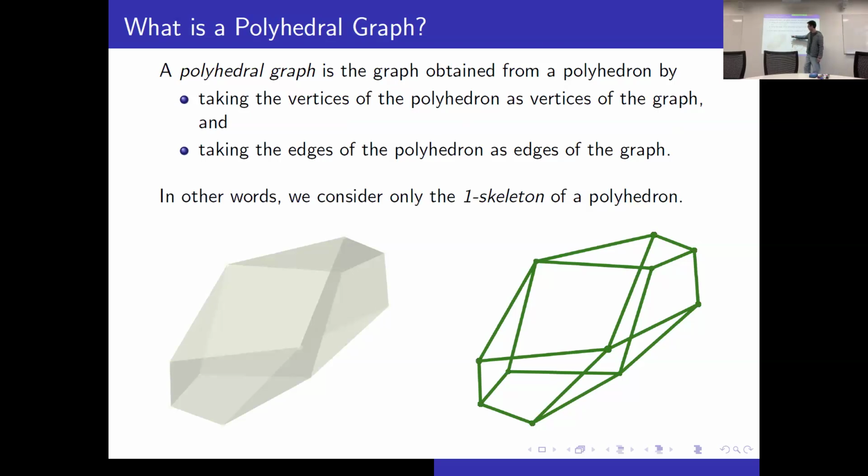We know that the 0-dimensional elements are the vertices, and the 1-dimensional ones are the edges. So it naturally corresponds to a graph, right? We have vertices and we have edges, so it is a graph. We call these graphs polyhedral graphs.